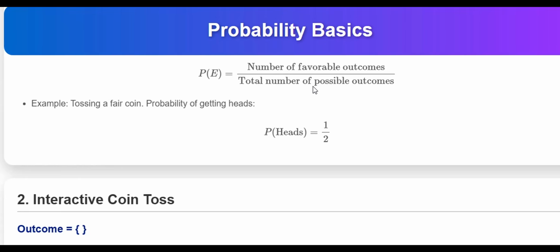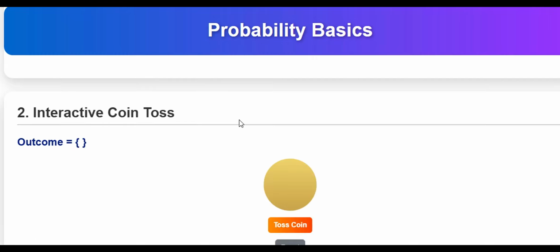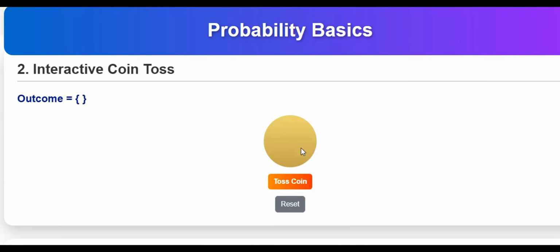If I toss a fair coin once, it means there is a possibility of getting either a head or a tail. Let me show you. This is a fair coin. It has a possibility of giving me a head or a tail.